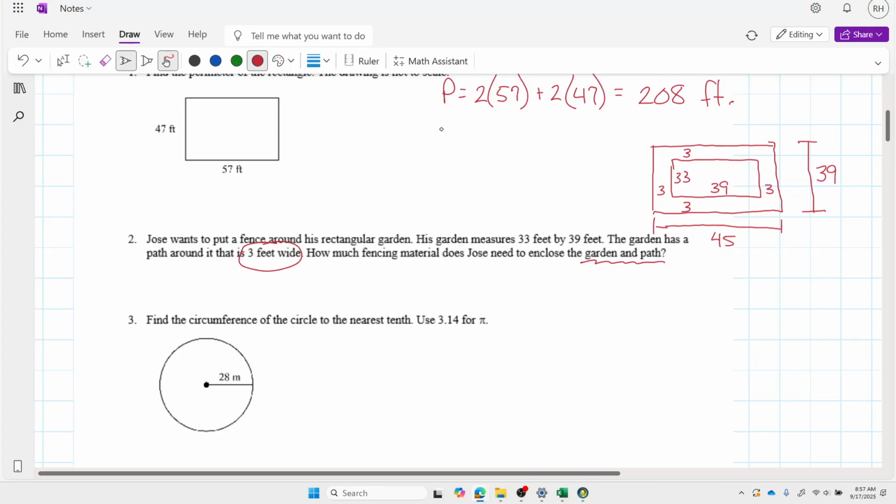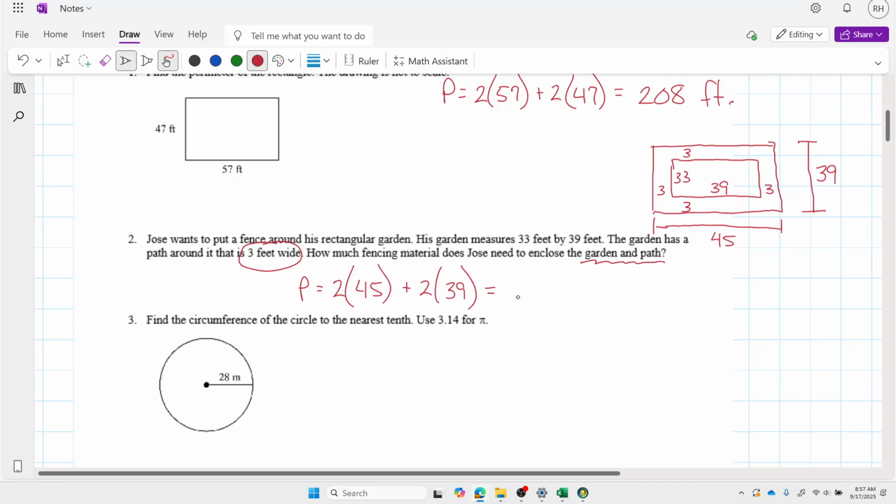So now you're going to do the perimeter formula: the perimeter is equal to 2 times 45 plus 2 times 39. And do it in your calculator, please. Anybody do it yet?